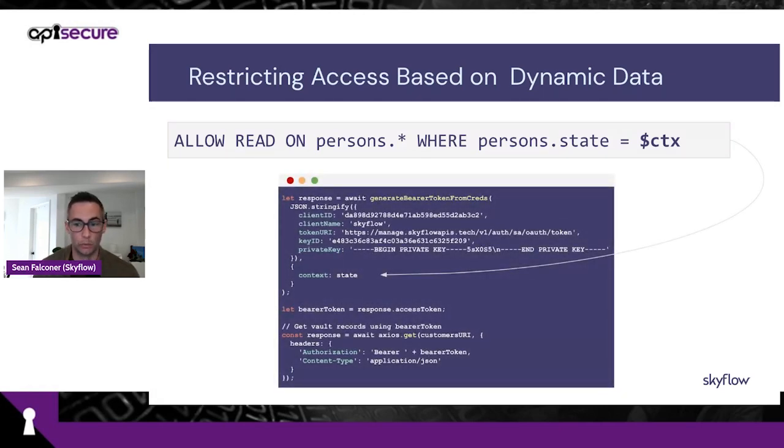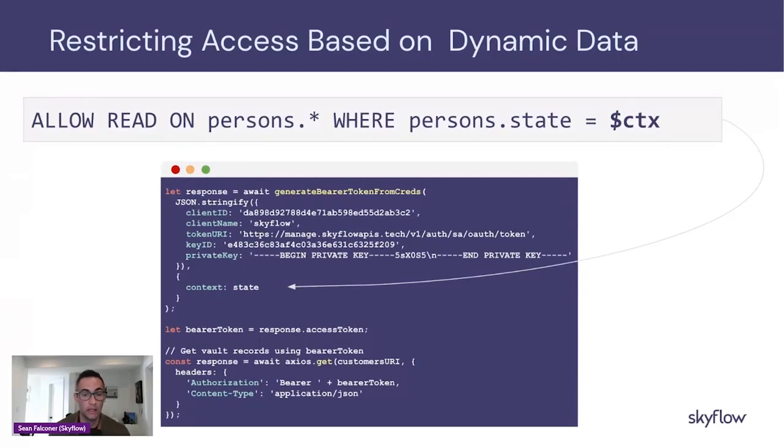So here, essentially, we're authenticating against the API, and as part of signing the JWT token, we're passing in a contextual value of, and this is just an example, state, and that state could be pulled from anywhere. It could be our database or our representation of a user in some capacity, or maybe it's based on IP address or something like that. We're going to pass that in, and then the policies that get activated with the vault are going to respect that contextual value that's passed in. So you can create dynamic access in this way.